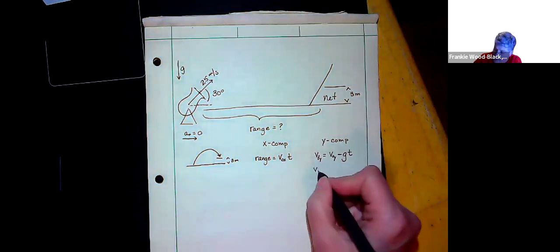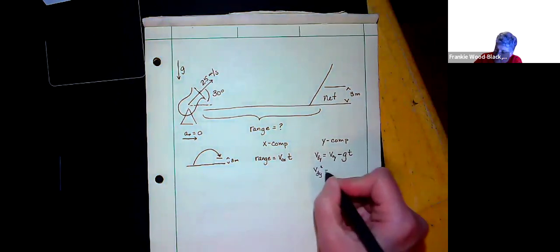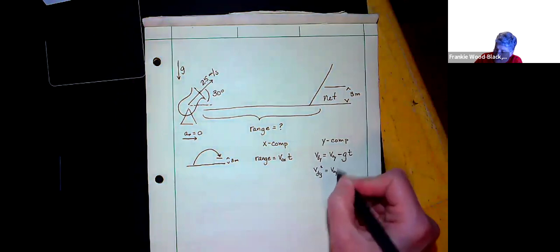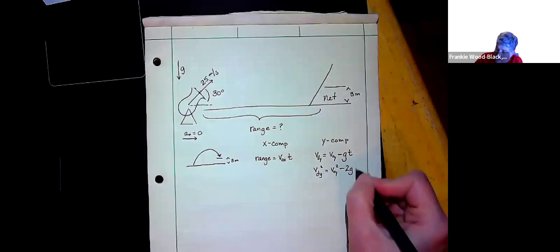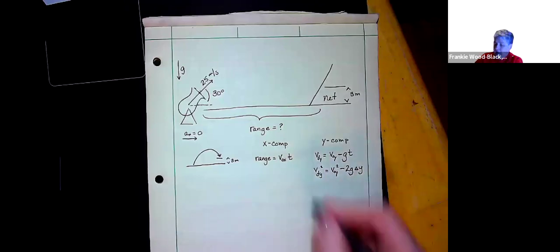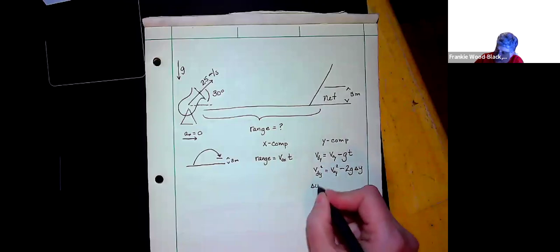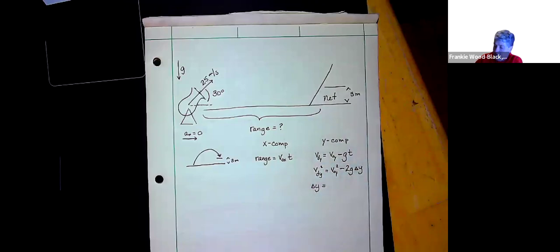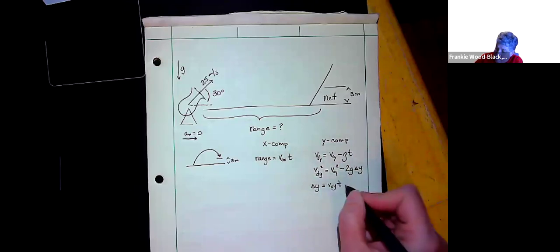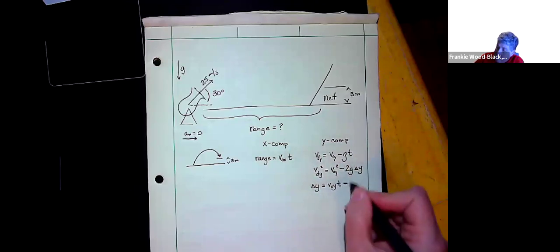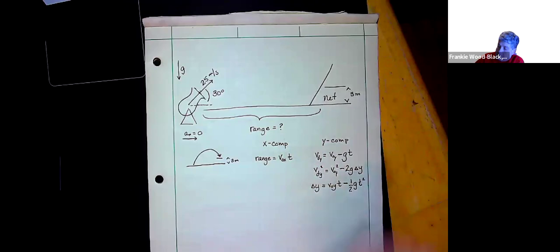I can have my final velocity in the Y direction squared is equal to my initial velocity in the Y direction squared minus 2 times gravity times my change in height. And then I can have my change in height is equal to my initial velocity in the Y direction times time minus 1/2 gravity times time squared.